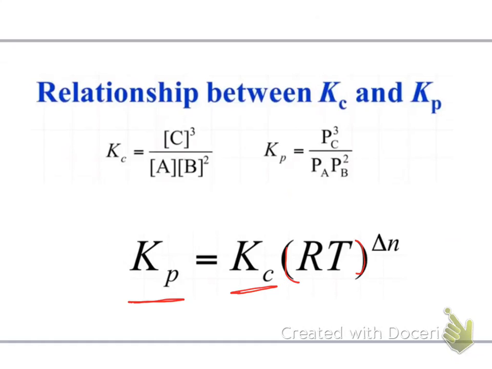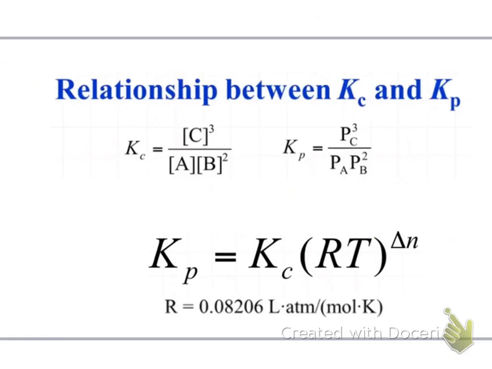Okay, so Kp is the equilibrium constant for pressure, Kc is the equilibrium constant for concentration, and R is the ideal gas constant. We're going to use the one that has liter atmospheres over mole K, which is 0.08206. T is, of course, going to be in Kelvin, and my change in n is the change in number of moles of gas.